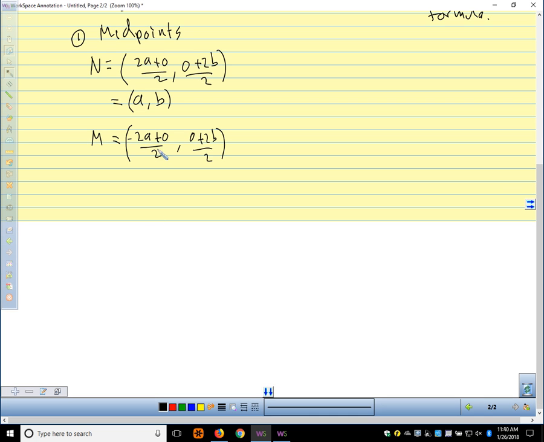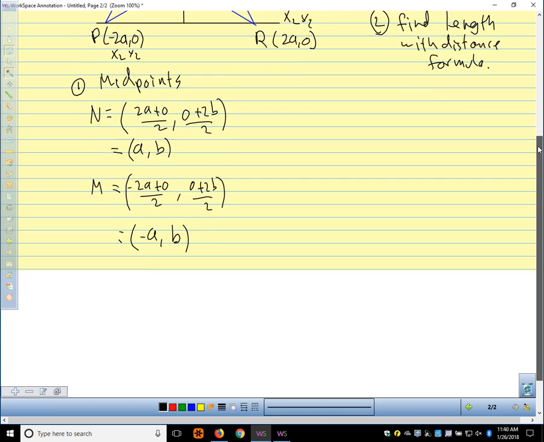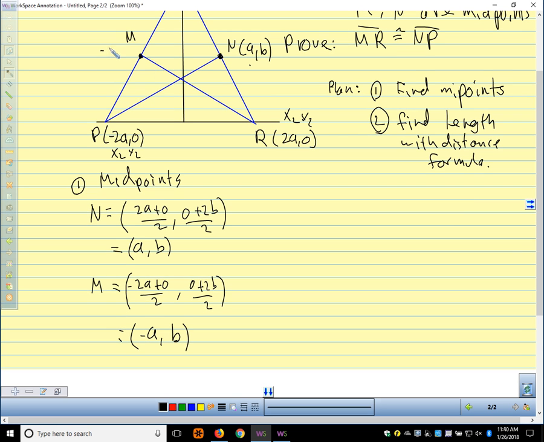Well, this gives me negative 2a divided by 2. So I get negative a, and this just gives me 2b divided by 2, which is b. So that point is negative a, b. So there are my midpoints. That's part 1 of the plan.